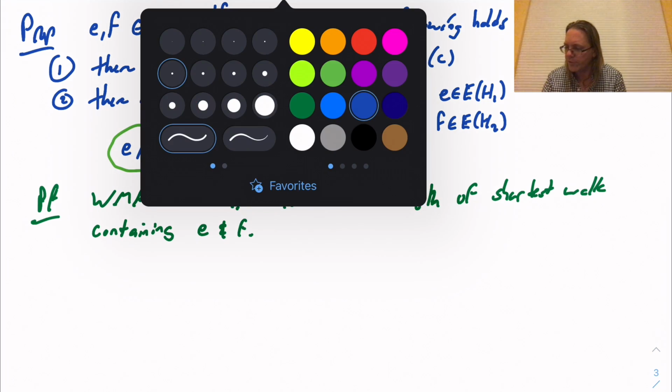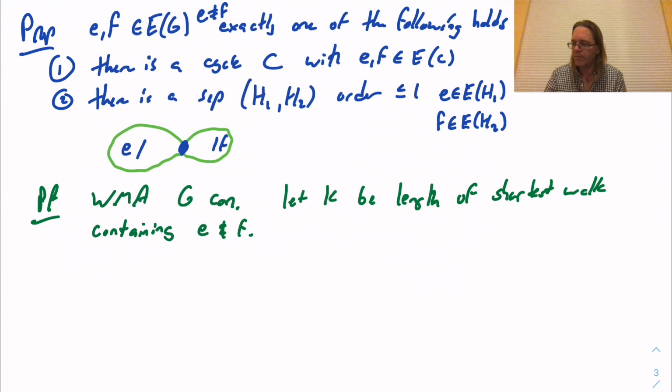So I'm giving you two distinct edges, E and F. And now I want a walk that contains those two. Well, it's got to contain the edge E and it's got to contain the edge F. That means the walk has at least two edges. So the shortest the walk could possibly be is length 2. So K is the length of that shortest walk. So K can be 2 or 3 or 4.